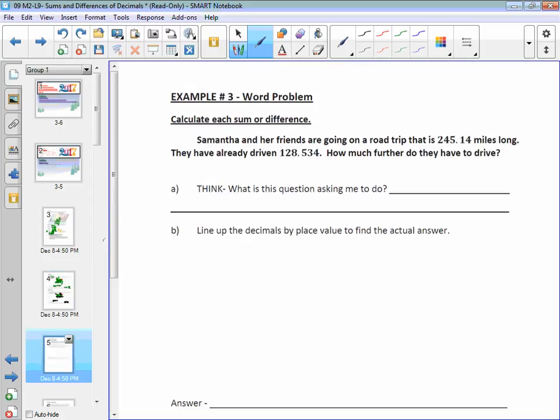Okay, first word problem. Read through it, decide what operation you need.